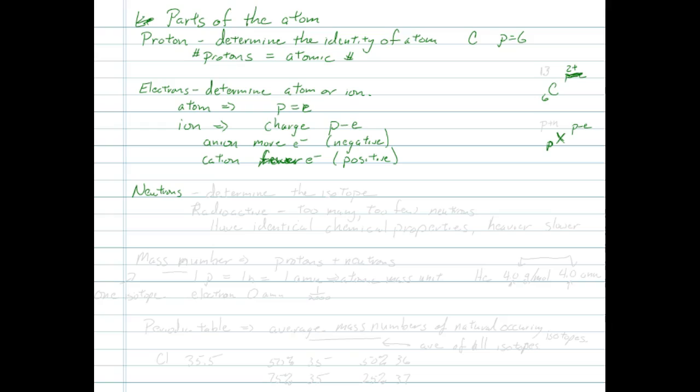Neutrons. With neutrons, these determine the isotope. An isotope is two atoms with the same number of protons but a different number of neutrons.